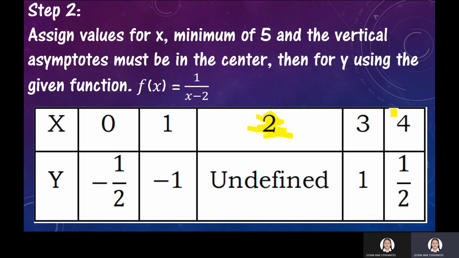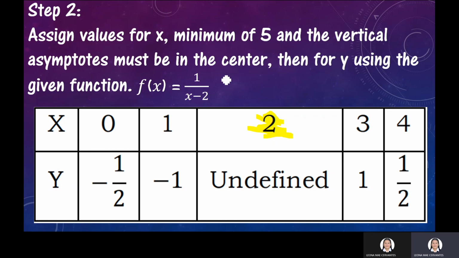Again, gagamitin natin yung vertical asymptote na nakuha natin, which is x is equal to positive 2. Then, minimum daw ng 5. So, gagamitin natin is 0, 1, 2, 3, and 4. Then, isa-substitute lang natin dito sa function natin na 1 over x minus 2.